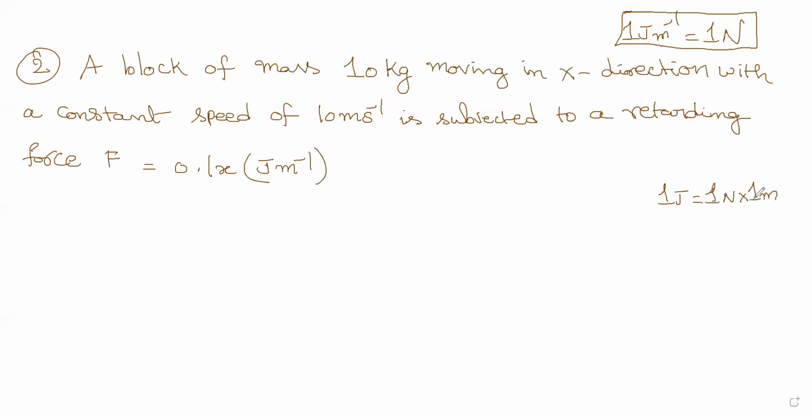So if you send the 1 meter to the other side, you get 1 Newton as 1 joule meter inverse. If the force is not given in newtons, you may get confused, so for that they have given this. You should not get confused if they give joule meter inverse.